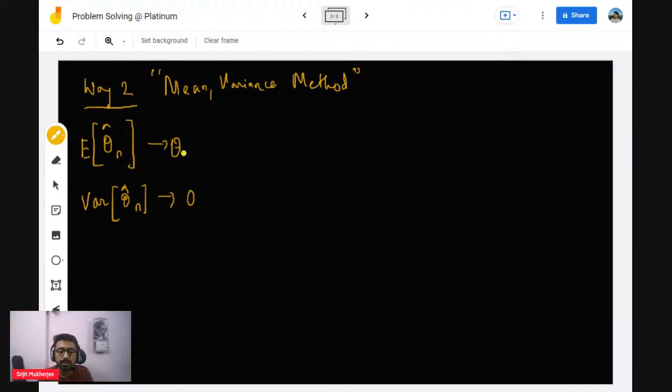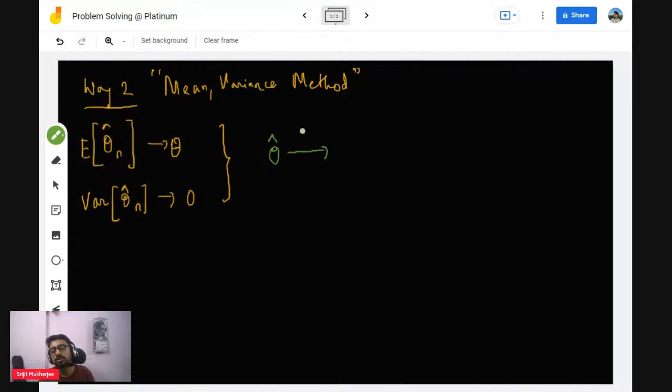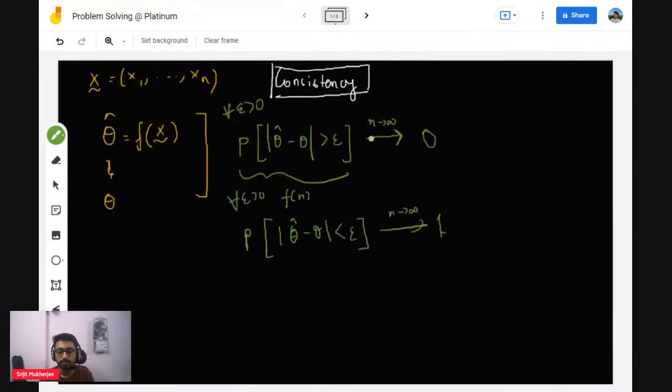If it's unbiased and the variance is going to 0, then theta hat is consistent. This is called convergence in probability also. Okay.